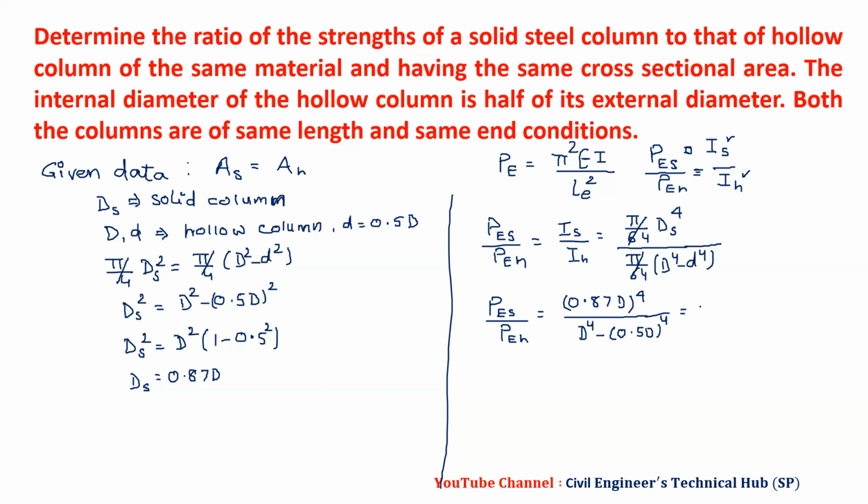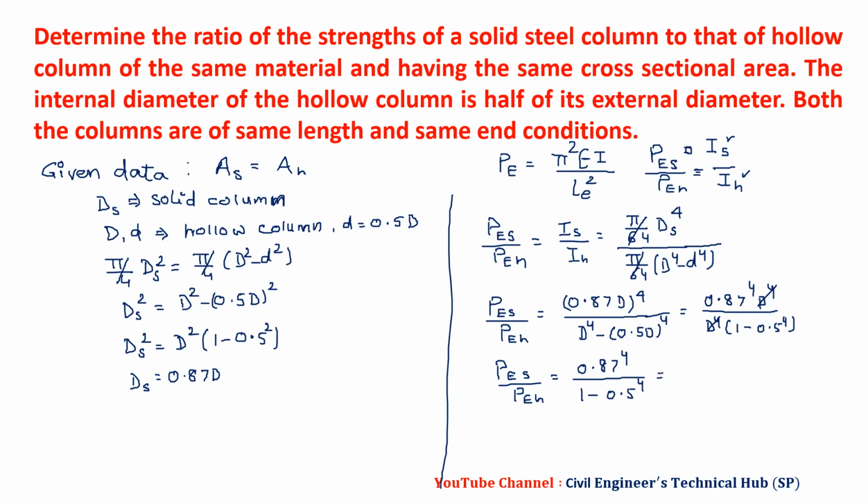And therefore equal to 0.87 to the power 4 D to the power 4 divided by, we can take D to the power 4 common, 1 minus 0.5 to the power 4. So this D to the power 4 gets cancelled and we have PES upon PEH equal to 0.87 to the power 4 divided by 1 minus 0.5 to the power 4.